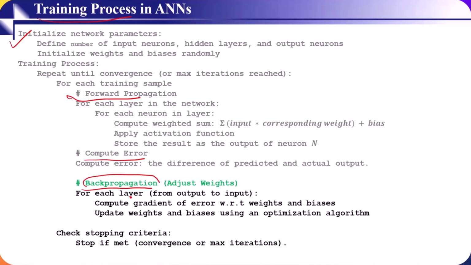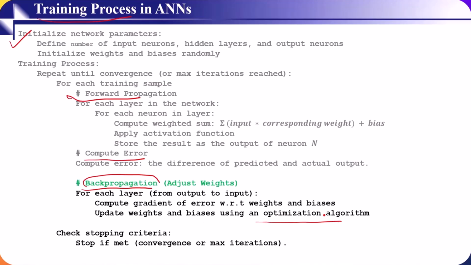Backpropagation works by computing the gradient of the loss function with respect to each weight and bias in our network. This tells us how much each parameter contributes to the error and how to adjust each parameter in order to minimize the loss function using some optimization algorithms.